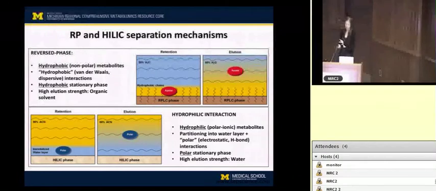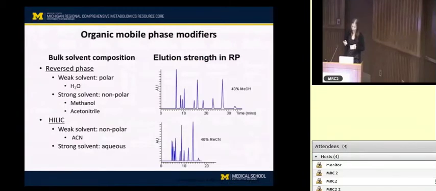And that makes that type of chromatography much, much more difficult to control, because not only do you have to account for the water content in your mobile phase, but you also have to think about ionic interactions. You also have to think about potential hydrogen bonding between the surface of your stationary phase and your analytes, and so on.